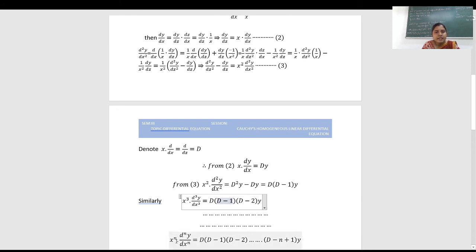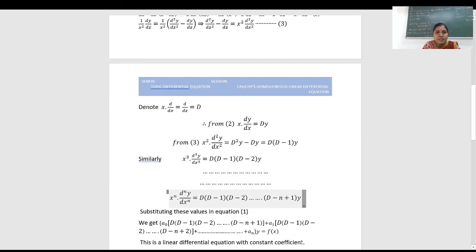Similarly, we can write for the nth term, x^n d^n y/dx^n = D(D minus 1)(D minus 2) up to (D minus n plus 1) y.